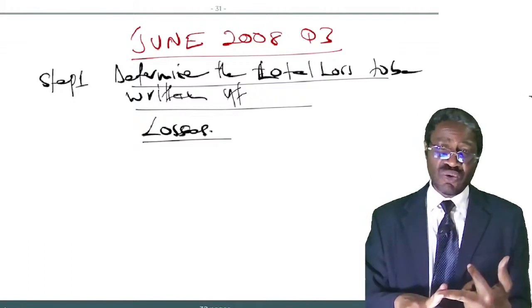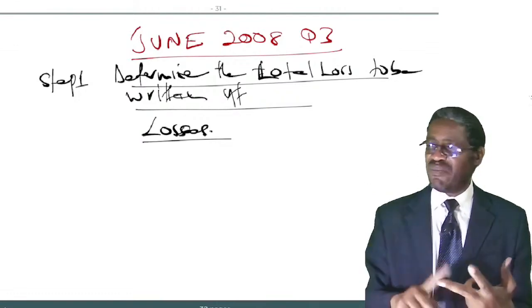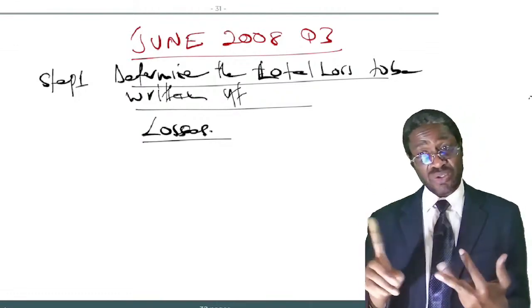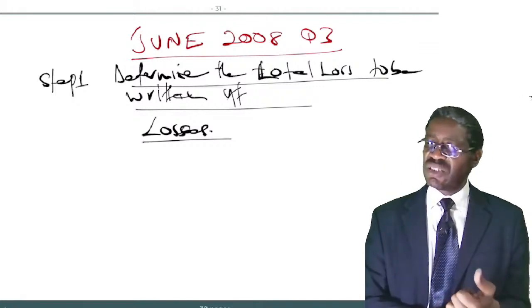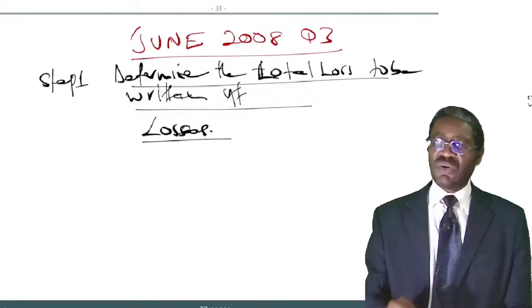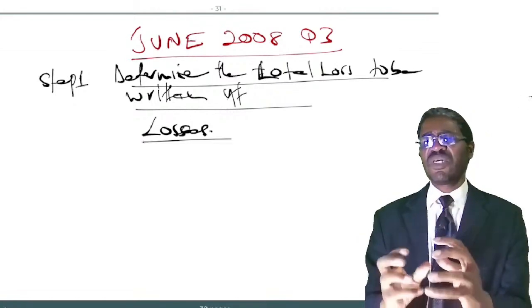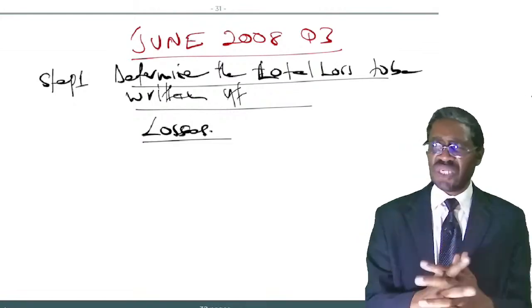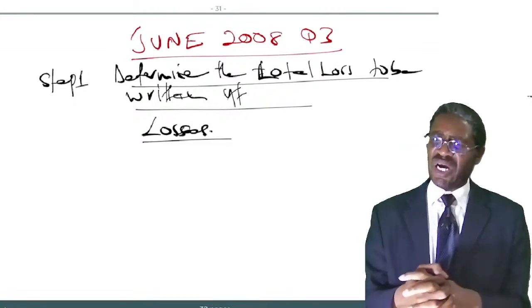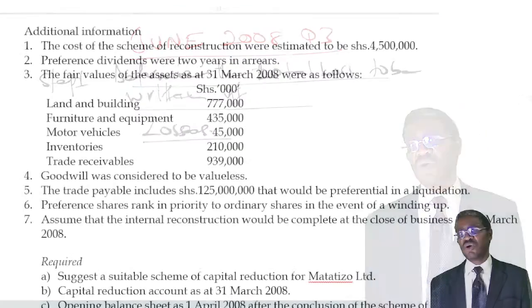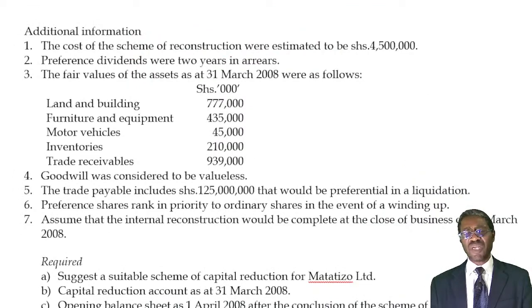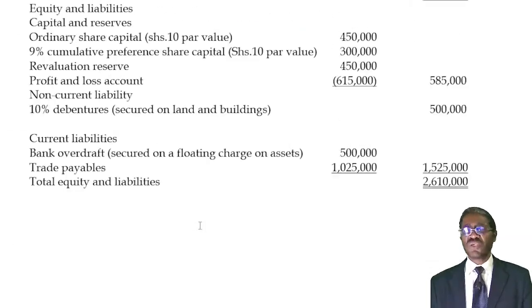From this question, I've told you there was no change in liability anywhere as per the question. 3, I told you the other thing that can give rise to gains is any reserves which are there, whether share premium, general reserve, revaluation reserve, any reserves that the company has, normally it should be written off. So let me confirm from the question or from the balance sheet whether our company has any reserves, so that if there are any reserves, then we know they must be written off. They must be written off.